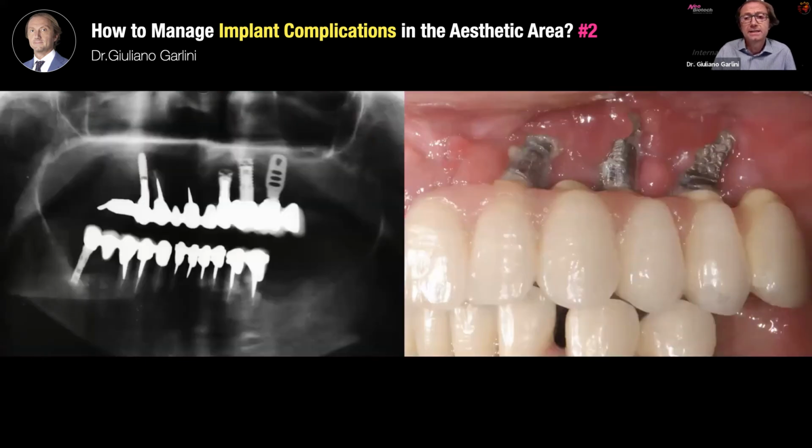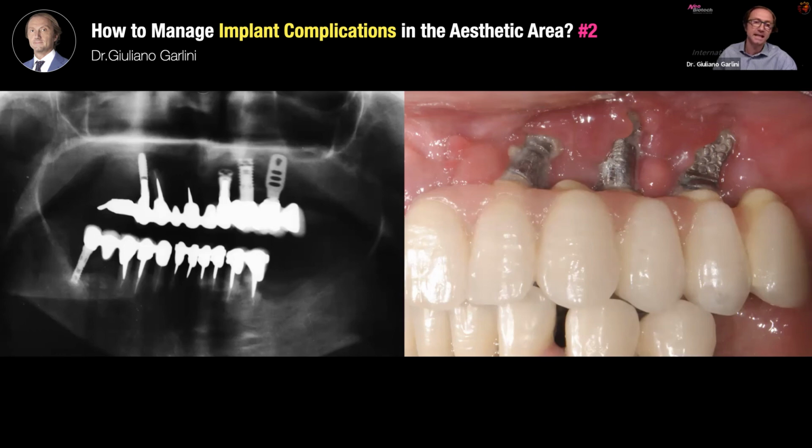Another case, this is a case where we can see a massive periodontitis, and another case where it's not possible to maintain the implants in the mouth of the patient.